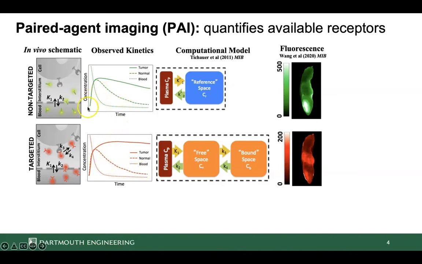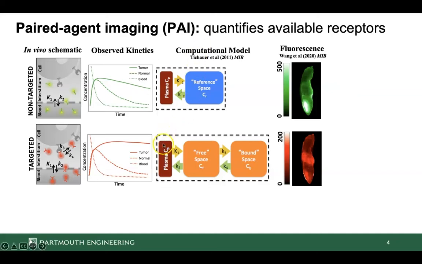However, we see similar trends even with non-targeted agents. You can see here for a non-targeted agent that is incapable of binding to any receptor, we still see significantly higher uptake in a tumor, and this is due to the inherent property of tumors to have enhanced permeability and low removal, so there's higher retention within the tumor.